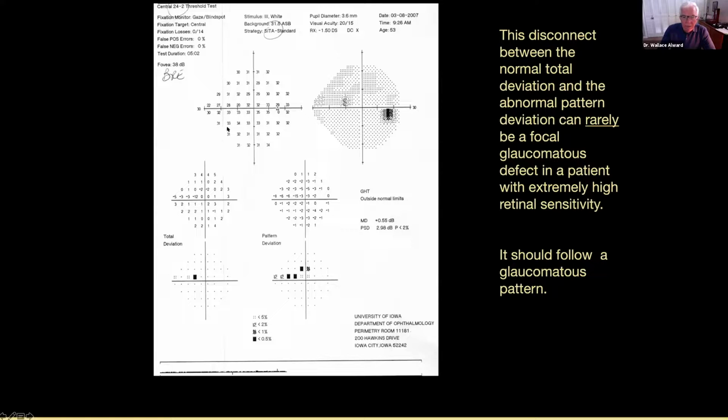All of the reliability indices are normal. And this defect does follow a pattern that is consistent with glaucomatous loss. So rarely you will see this in somebody who has great vision, that the pattern deviation is higher than the total deviation. But I think there would be 50 of the others for this. And again, it should follow a glaucomatous pattern.